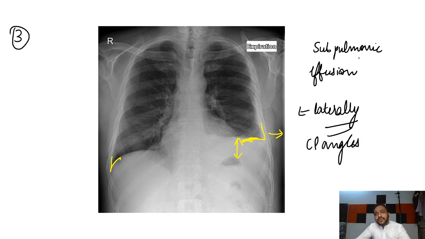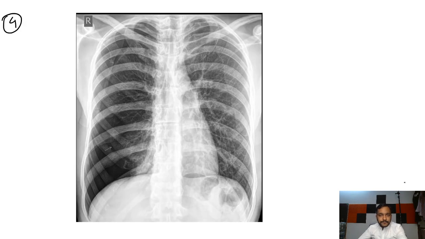So subpulmonic effusion is basically when there is effusion between the lung surface and the diaphragm, and it is not causing blunting of the CP angles. So what you will see is elevation of diaphragm, as well as the most superior point of the diaphragm shifted laterally. Now coming to the fourth case.